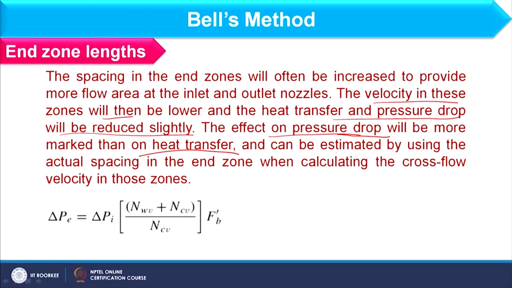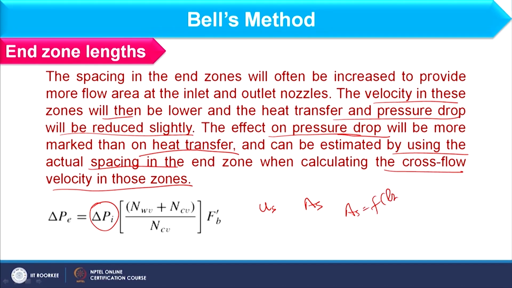And it can be accounted for by using the actual spacing in the end zone when calculating cross flow velocity in those zones. If you remember, delta Pi considers cross flow velocity, that should be US, and US will depend on AS, and AS will depend on baffle spacing.